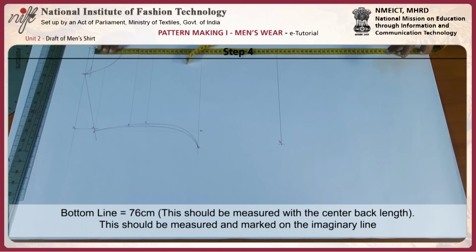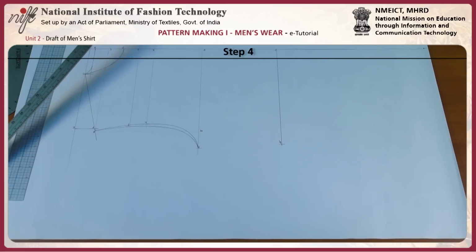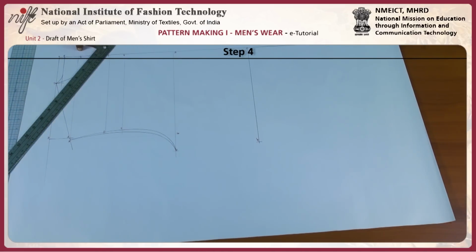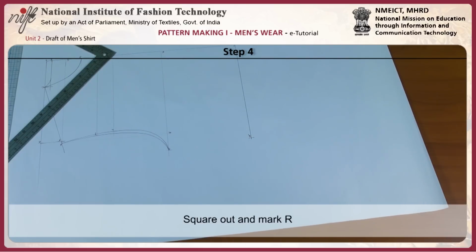It should be measured on the imaginary line and marked, which is point R.